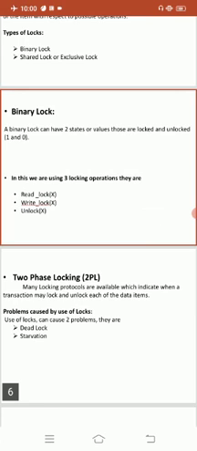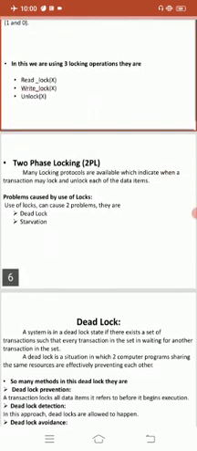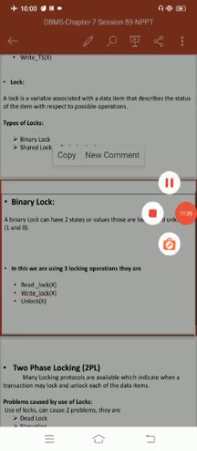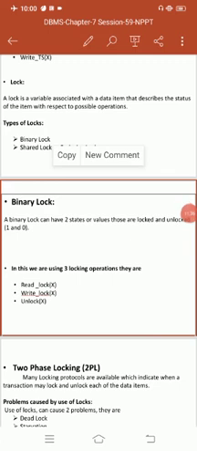Here we use three locking operations: read lock, write lock and unlock. The second type is called shared or exclusive lock. What is meant by a shared or exclusive lock? This type of locking mechanism differentiates locks based on their users.